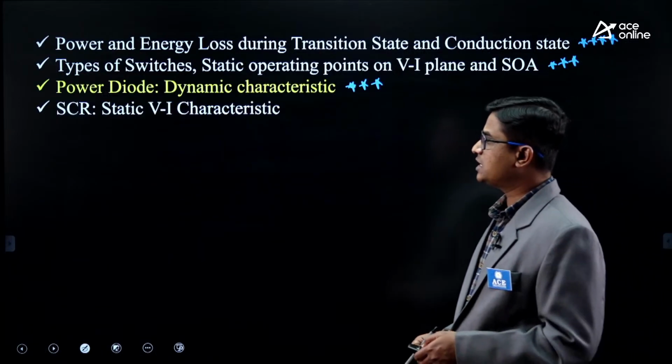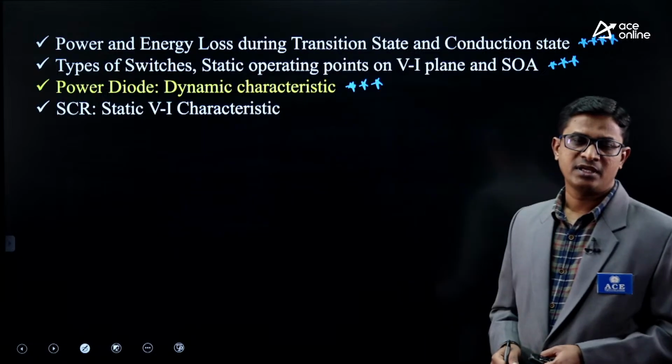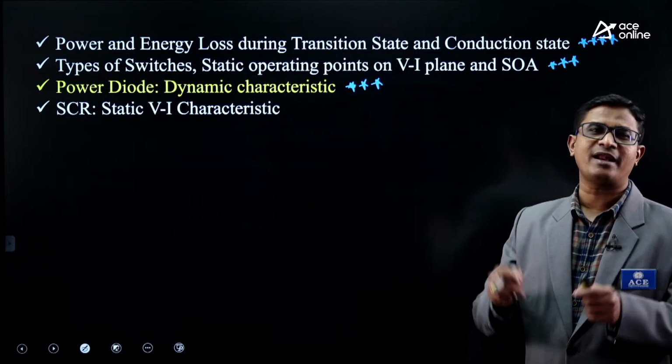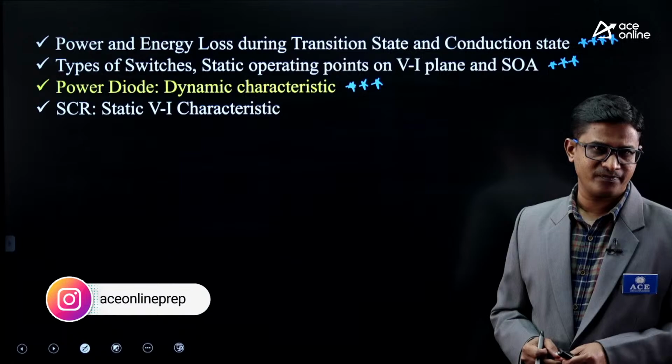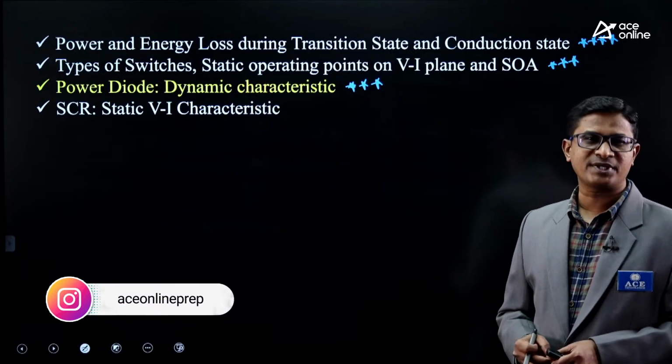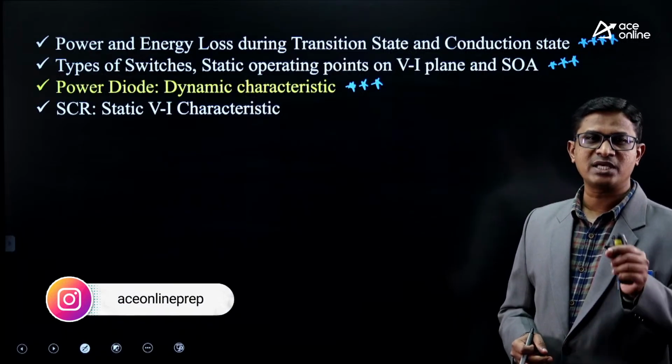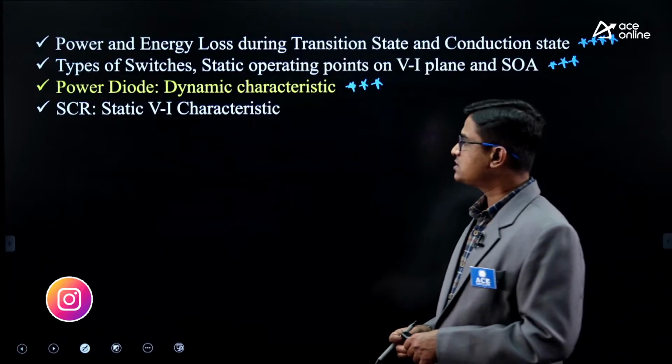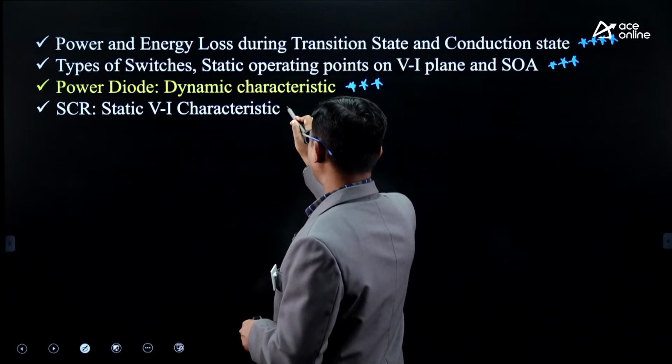Next one is the SCR. As I said, in your syllabus we have a detailed analysis of the silicon controlled rectifier. So let us discuss which topics they have asked related to the SCR. First is the static VI characteristics of SCR.